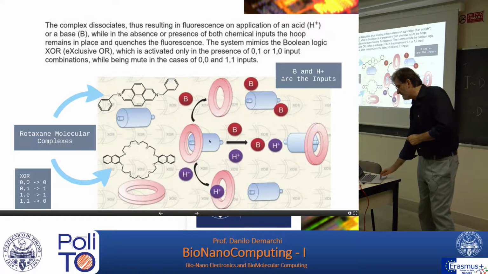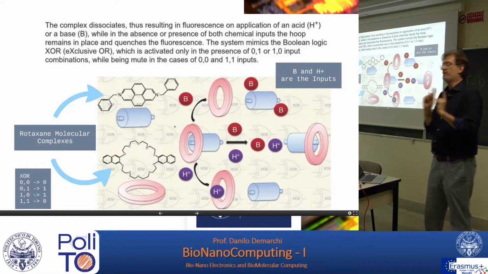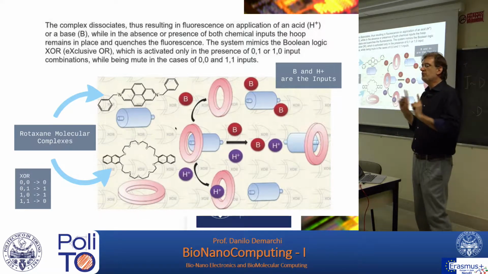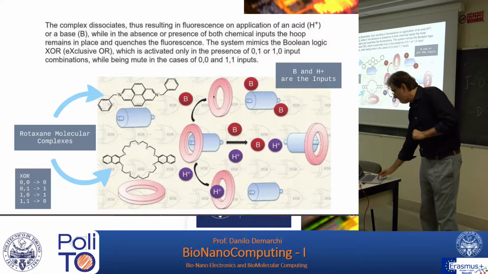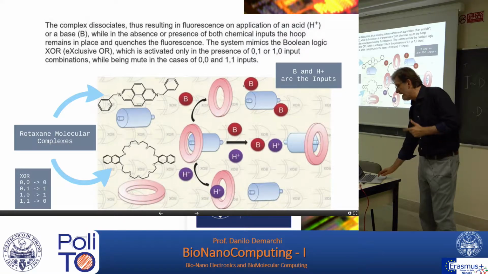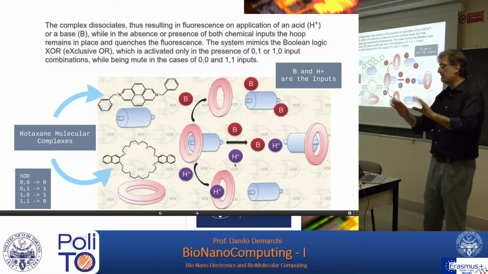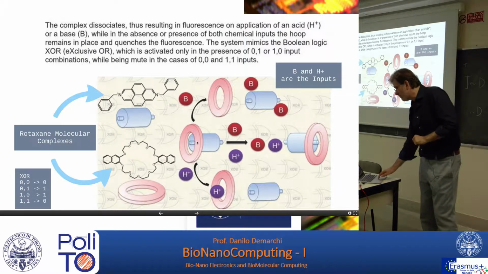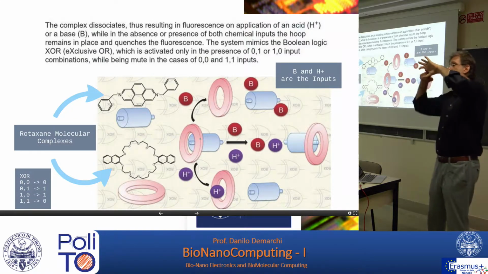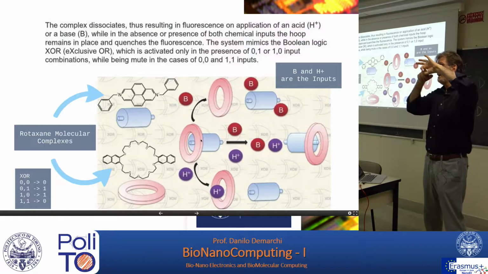And what happens to these two molecules? If they do not have any base, B stands for base or acid, H+, so if I don't have anything, they are connected. So the ring is around the cylinder.